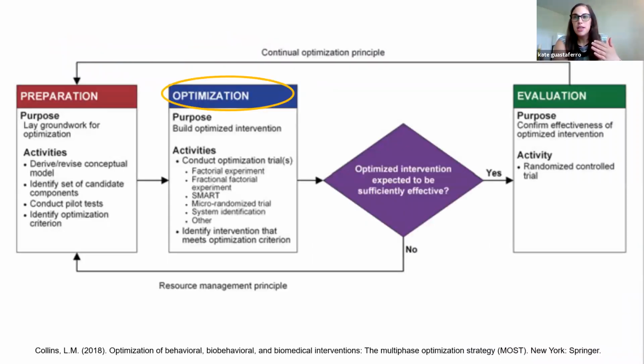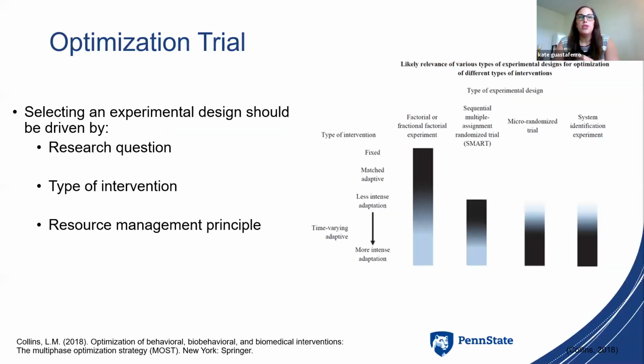So now we're into the second phase, optimization, and this is uniquely MOST, right? The optimization phase, the hallmark of it is the conduct of an optimization trial, this empirical examination of components. So the optimization trial could really be any experimental design, but it needs to be determined by your research question, as well as the type of intervention you are developing.